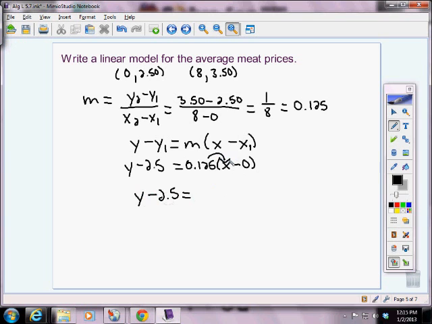Here we have to use our distributive property. But when we go 0.125 times 0, we just get minus 0, so we really don't even need that. And now I'm going to add 2.5 to each side.